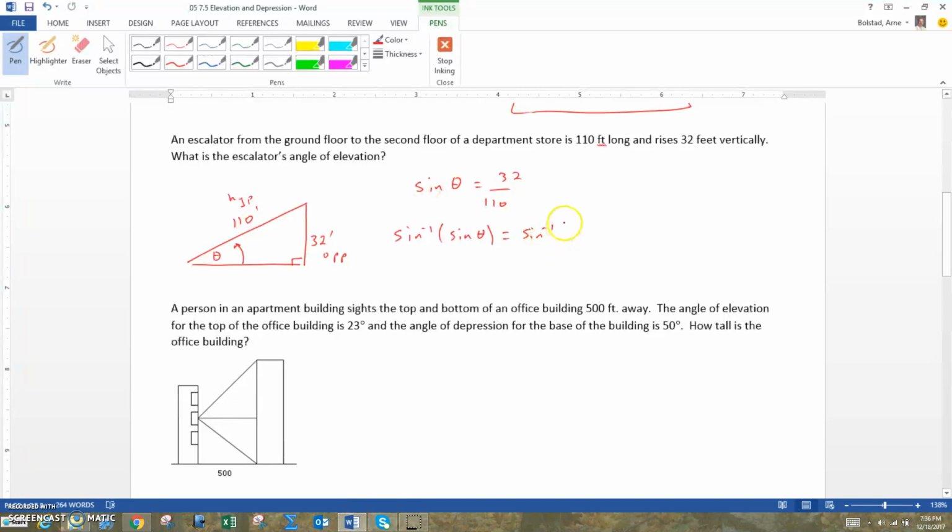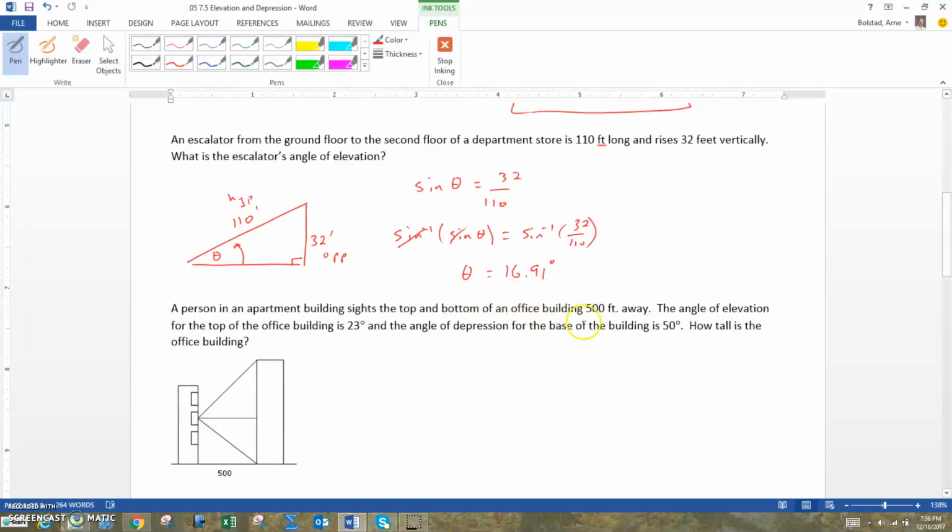So inverse sine of 32 over 110. Again, inverse sine and sine undo each other, so we have just theta on the left-hand side. And if we do the inverse sine of 32 over 110, we will have 16.91 degrees. Think we're looking okay there? Excuse me. Let's continue.